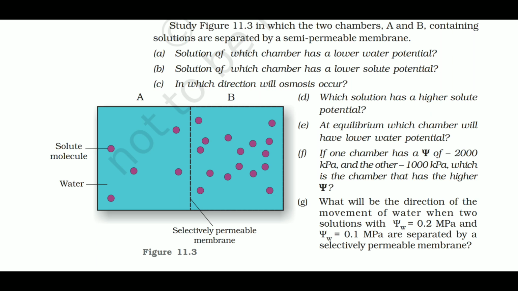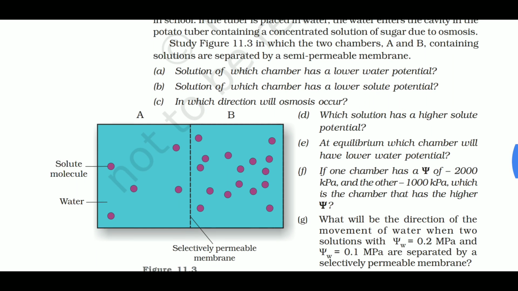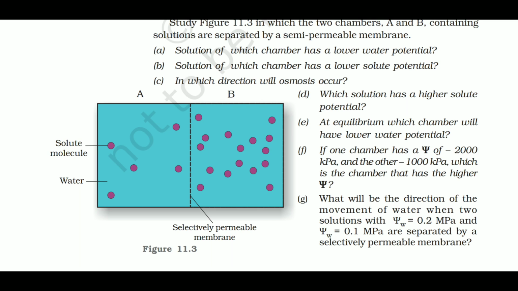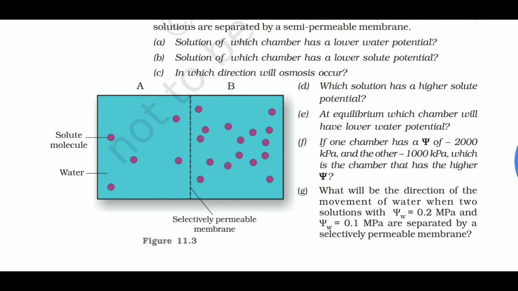The questions are: the solution in which chamber has a lower water potential, and the solution in which chamber has a lower solute potential. Okay, let's answer these questions line by line.